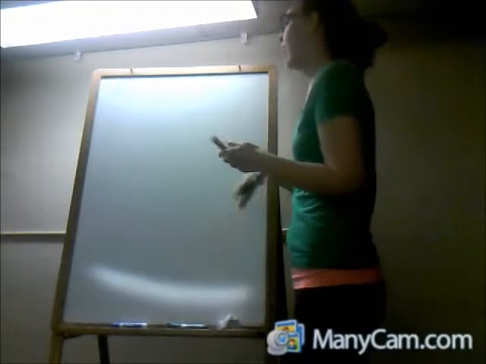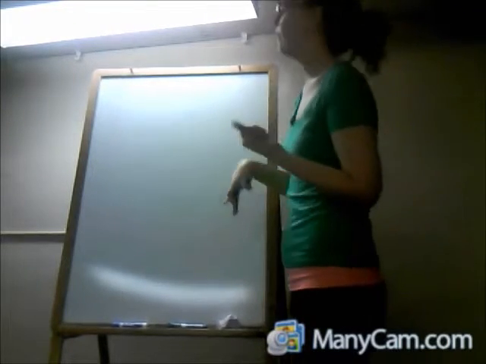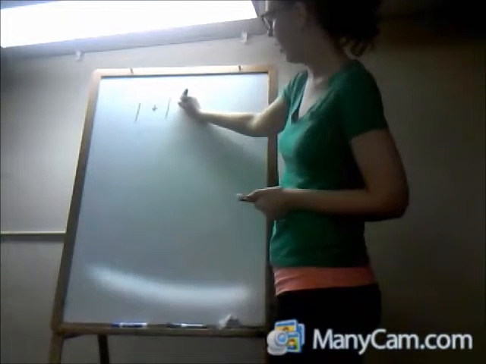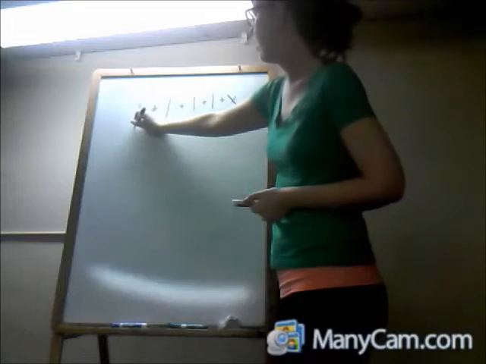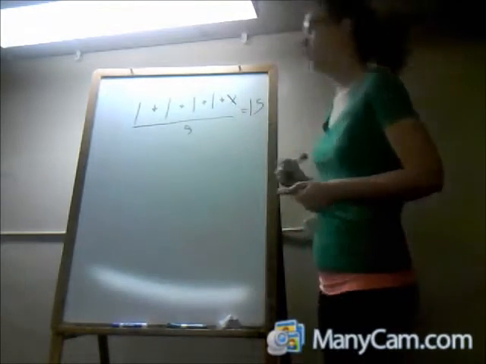So we're going to assume that everyone picked a 1 except for the last person. From there, we're going to set up the average equation: 1 plus 1 plus 1 plus 1 plus x over 5 equals 15.